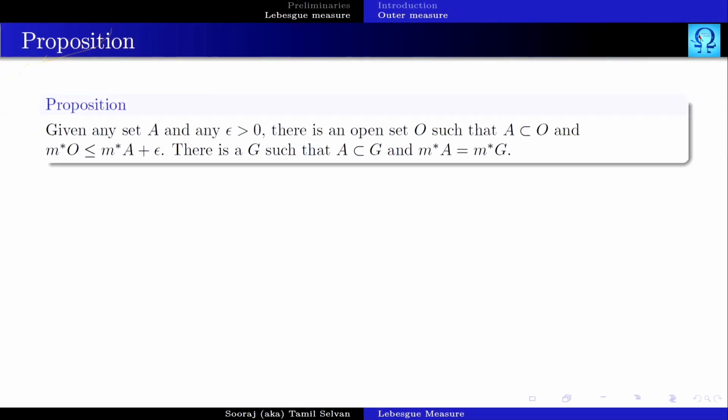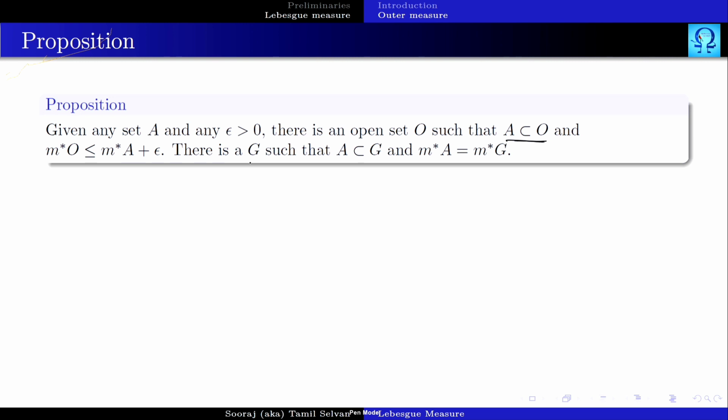Next we have a problem. Actually, I think I am going to leave this as an exercise to you. Here we are given any set A and epsilon is some positive quantity. Then we have an open set O such that A is contained in O and this inequality holds.